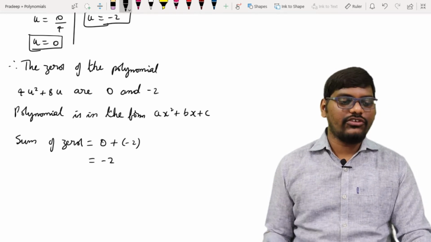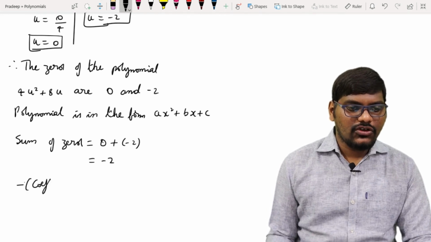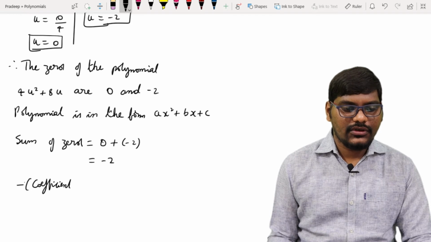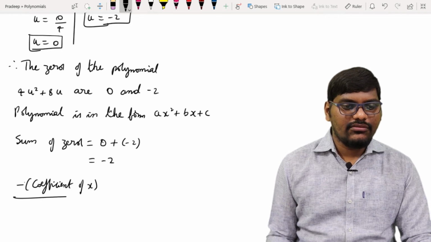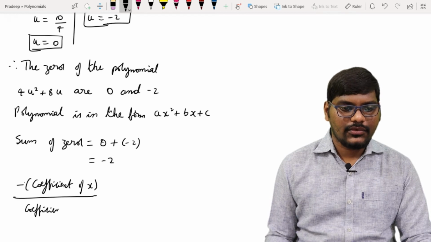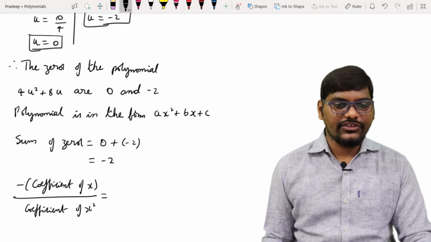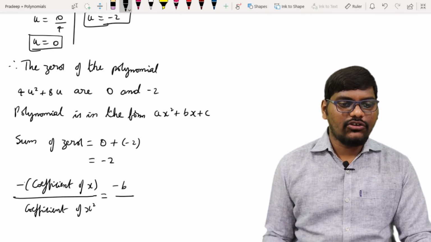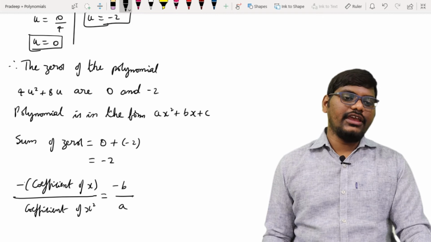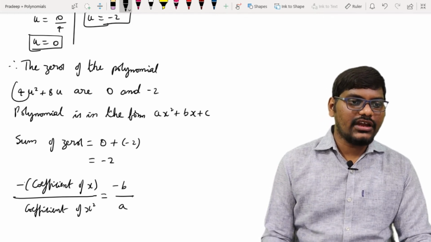So we'll write with the coefficients also. So I can write here minus coefficient of x by the coefficient of x square. Okay, so coefficient of x, I can write minus b, and coefficient of x square is a. So we'll just substitute the values as per the given equation.